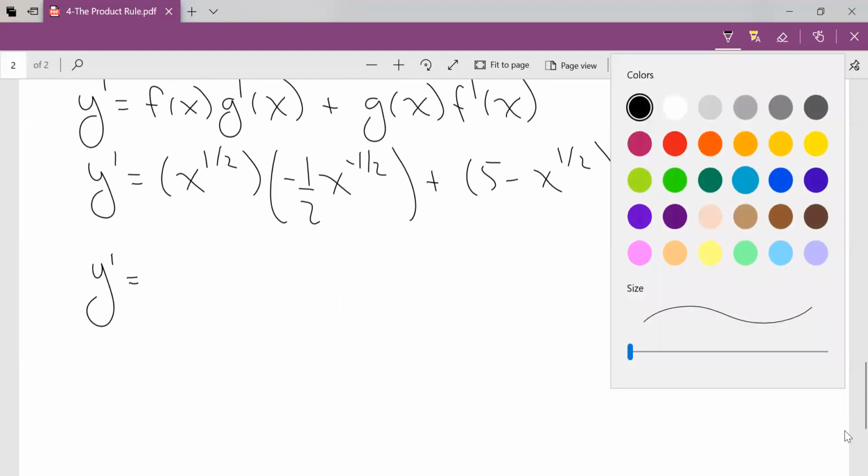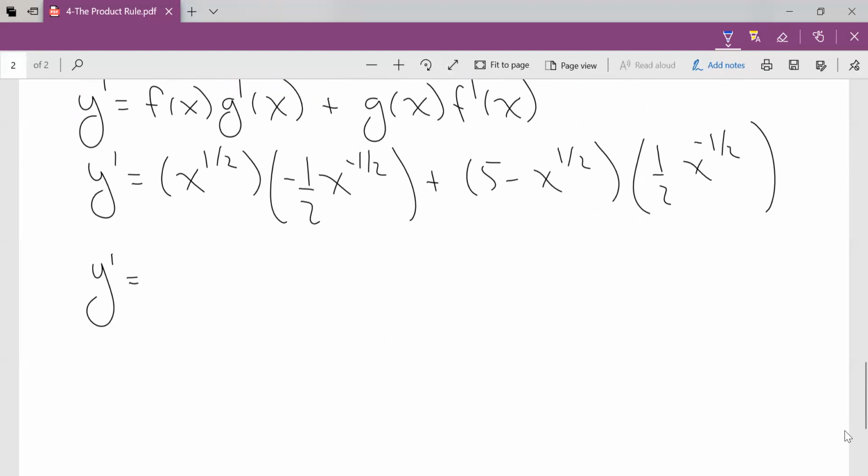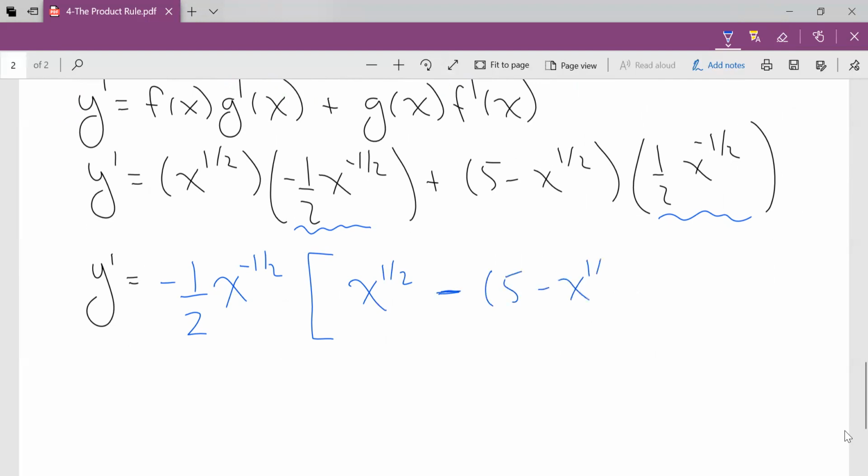What I notice I can factor out is negative 1/2 x^(-1/2). What do I have left? x^(1/2). And then I'm going to factor a negative out of that last one, so that makes this a negative here, and 5 minus x^(1/2).